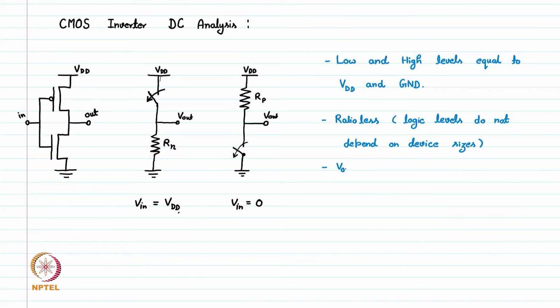V out, the output node, is always connected to a low impedance path, which is VDD or ground.